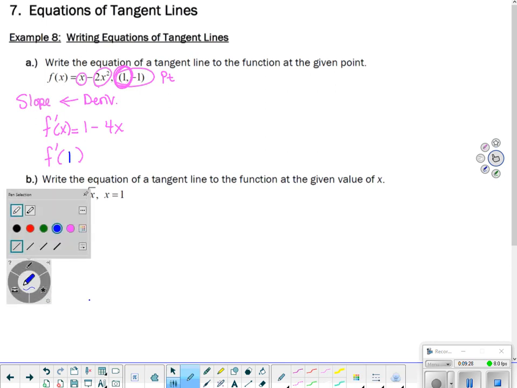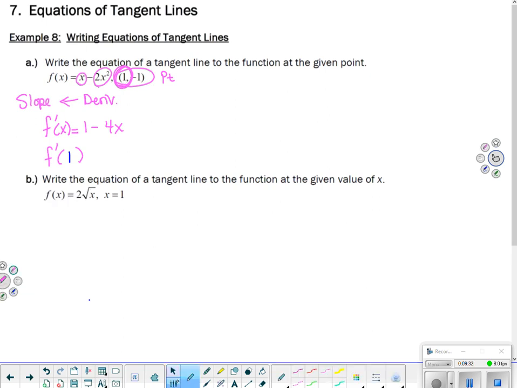All right, so if I want to take the derivative at 1, I plug it in to my general derivative. And I get 1 minus 4 gives me negative 3. So the derivative at 1 is negative 3, and we go into writing the equation of our tangent line.